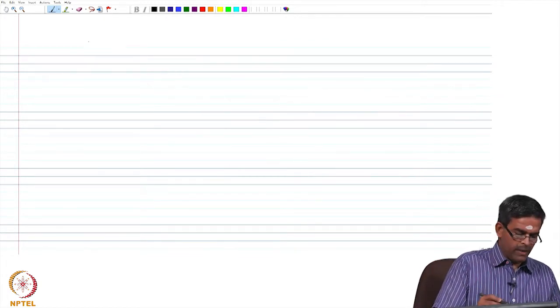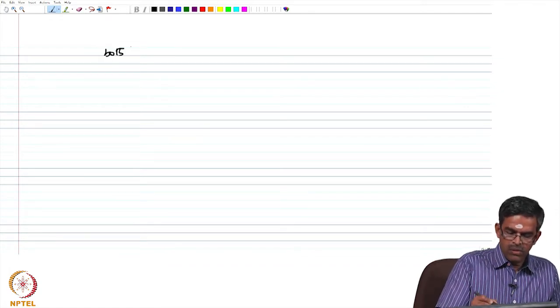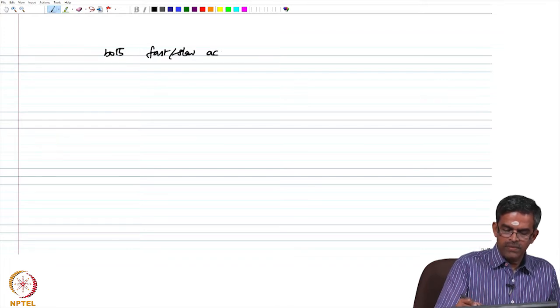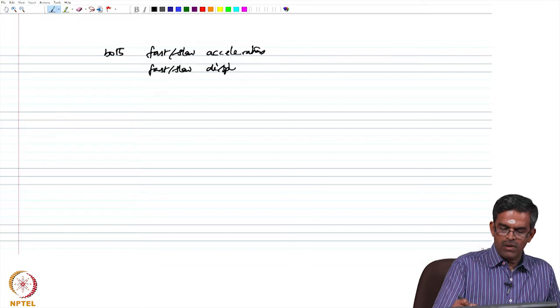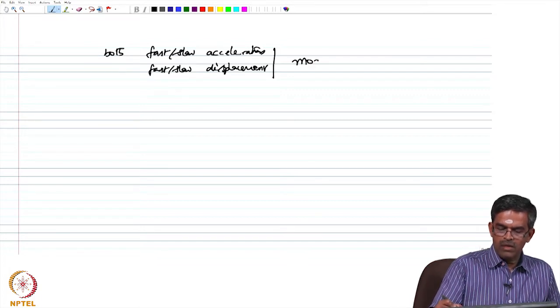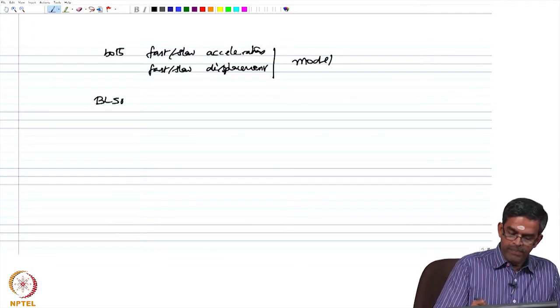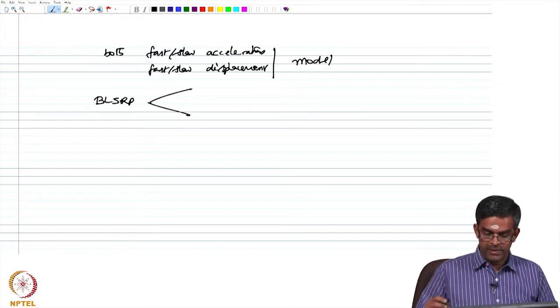So, interestingly, both fast and slow accelerations, fast and slow displacements will occur in the model. I will tell you why. BSLRP has two broad bands of frequency or periods.